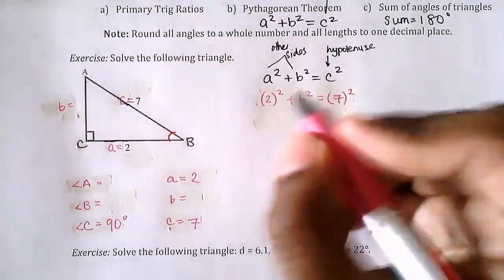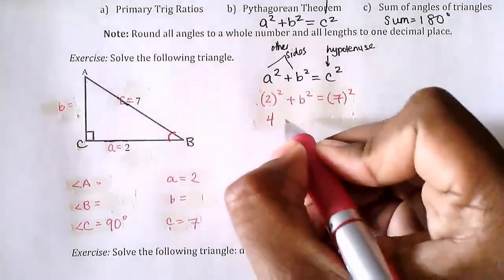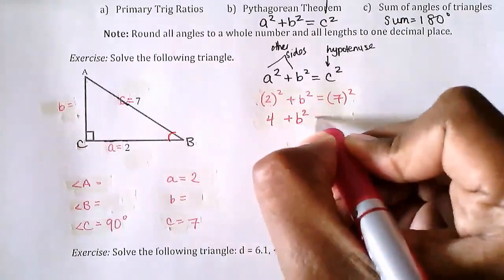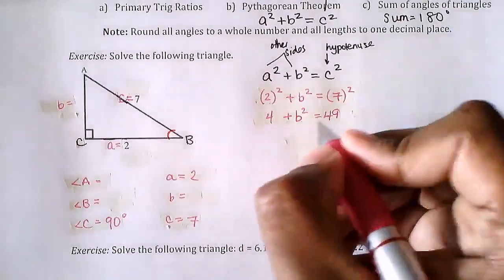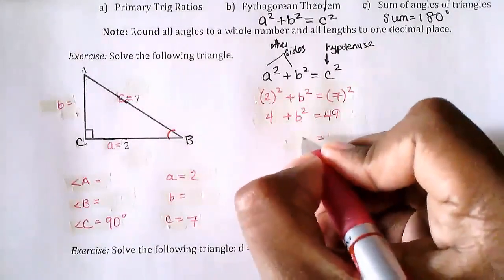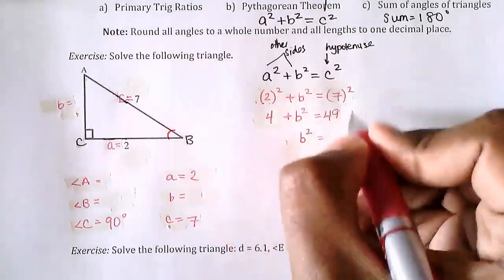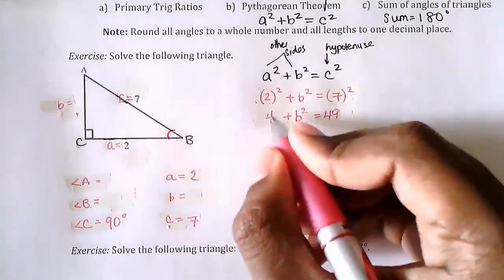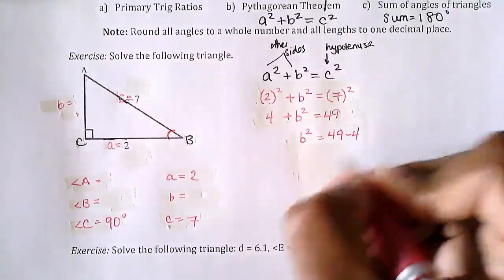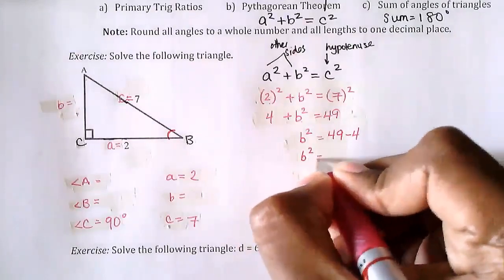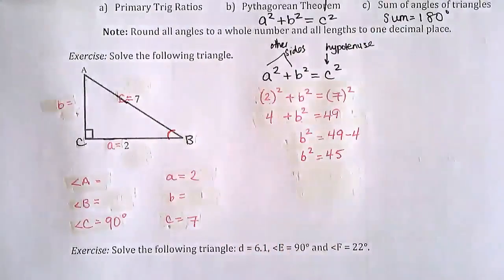I can simplify this. 2 squared is 4 plus b squared, which is equal to 49. To isolate for b squared, I'm going to bring the 4 to the other side. So here it's a plus, the other side will be minus. So b squared is equal to 49 minus 4, which is 45.